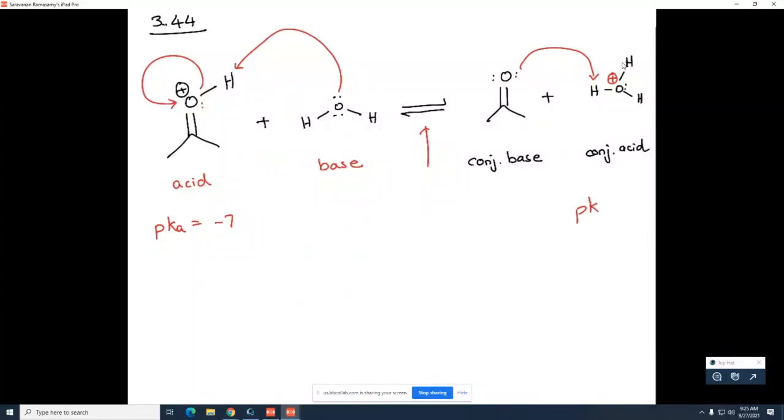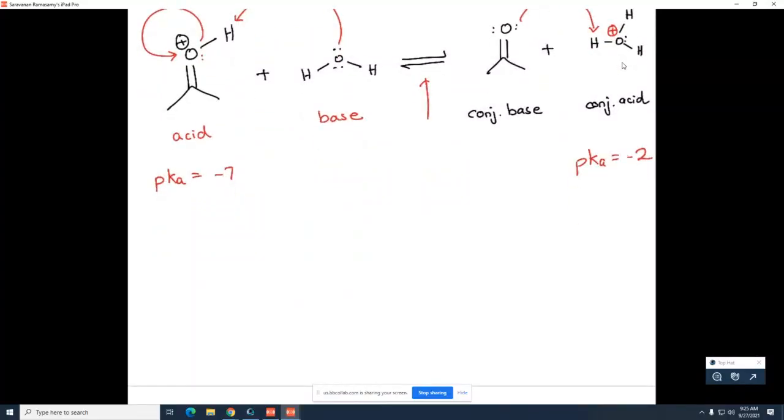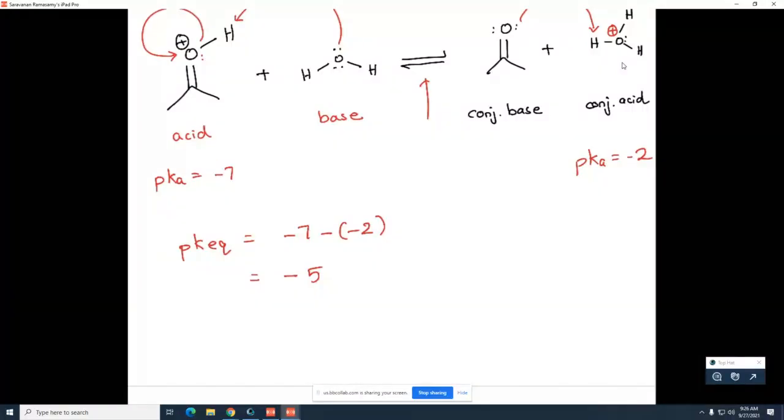I'm going to round that off to negative 2. pKeq is equal to negative 7 minus negative 2, which is negative 5. The difference between these two is negative 5.